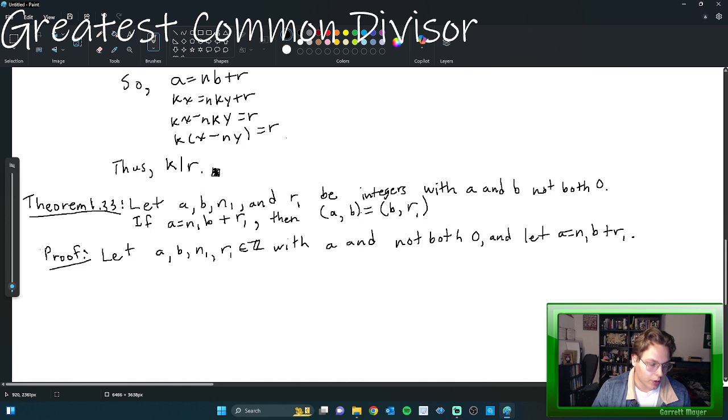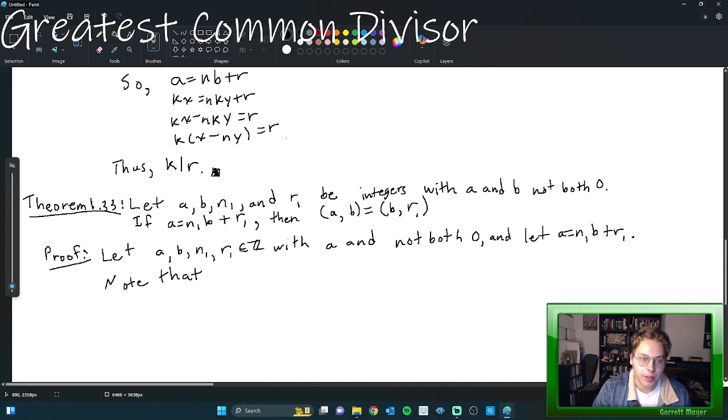Additionally, we'll note that the definition requires both integers in the GCD to not be 0, so A and B are fine. But the question is, are B and R1 fine? Is the GCD between those two well defined? Because if they're both 0, then it's undefined.